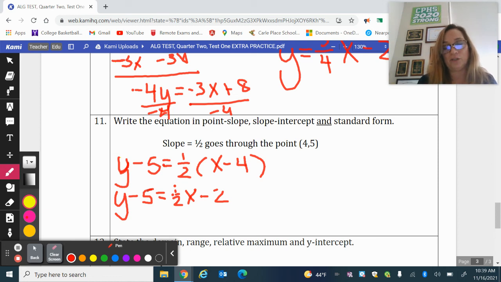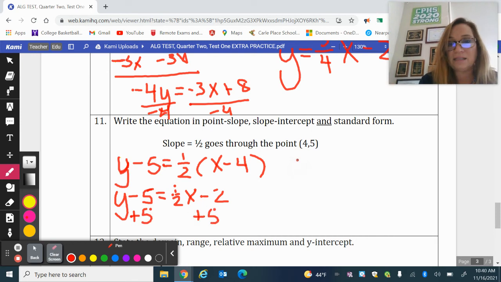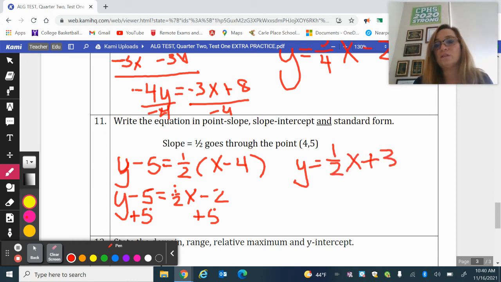So that's multiplication. 1/2 times x is half x. 1/2 times -4 is -2. Now the opposite of subtracting is adding. And that's going to give me y equals 1/2 of an x plus 3. And that's called slope-intercept form.